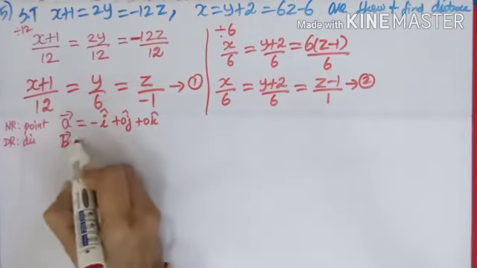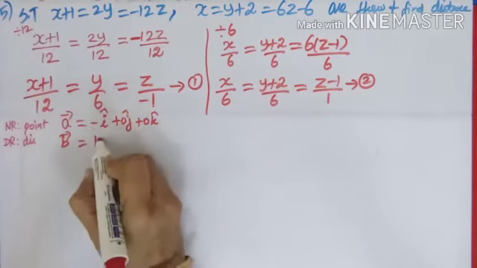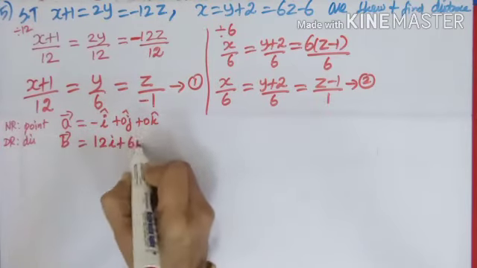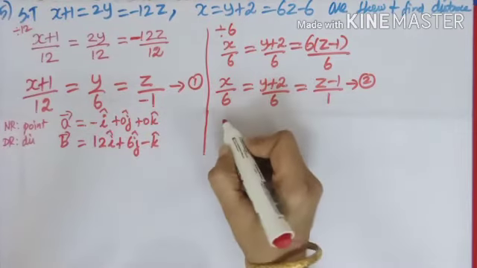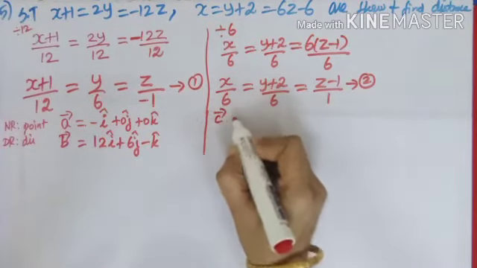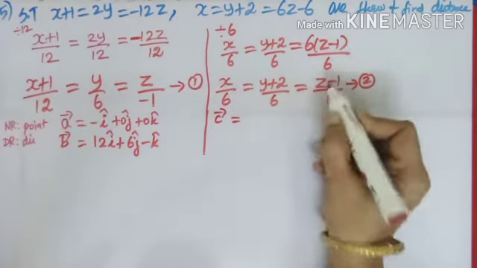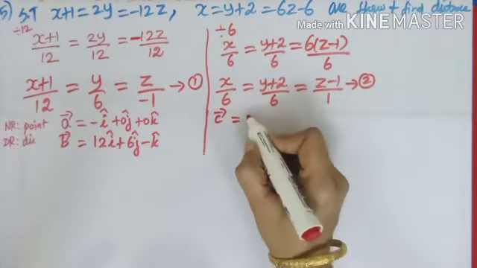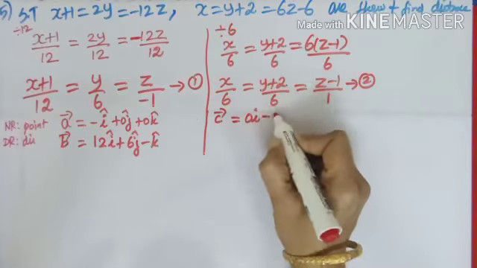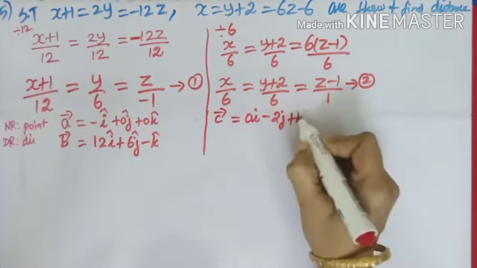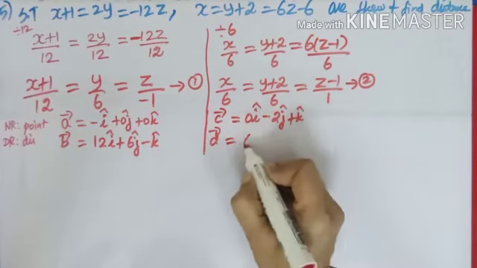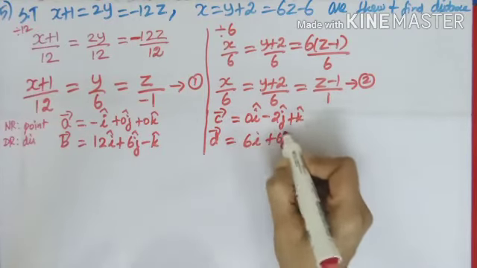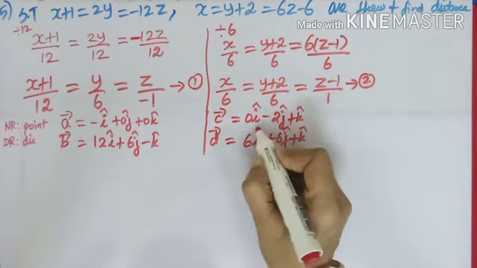And B is the direction which is in the denominator, which is 12i plus 6j minus k. Similarly, here point is C vector. Again the numerator, change the symbol. 0i minus 2j plus k. The denominator we call D vector, that is 6i plus 6j plus k.